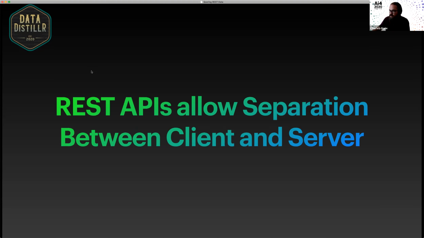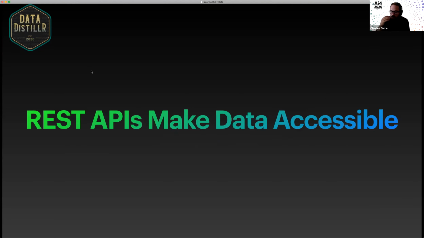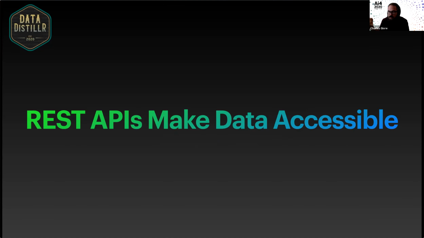Now, the goal of this is that ultimately it makes data accessible. Typically what happens is you might have some sort of reference data repository and you want a certain group of people to access this reference data, but you don't want to give them access to the entire database.